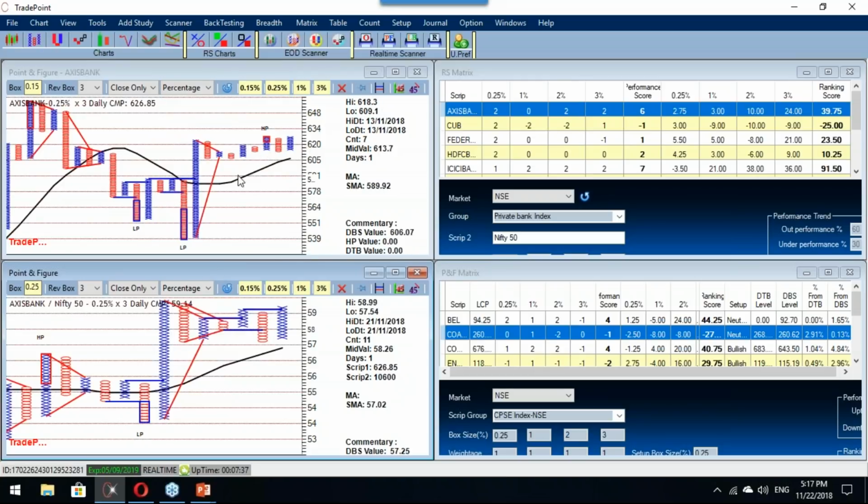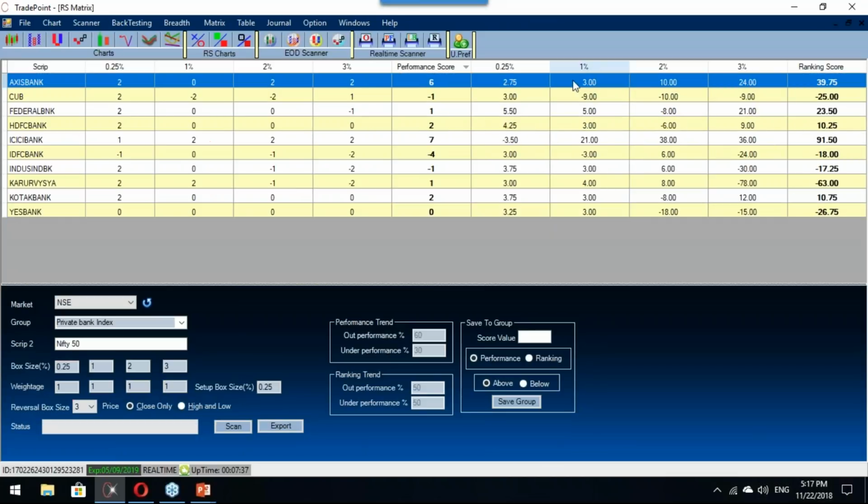if you were doing this analysis as of yesterday, you have discovered that this one, Axis Bank, has a very high score with respect to the RS matrix, right? It is probably the best performing stock from the RS matrix. If you look at the private banking sector space, Axis Bank has the highest score of 6 from the sector, right?